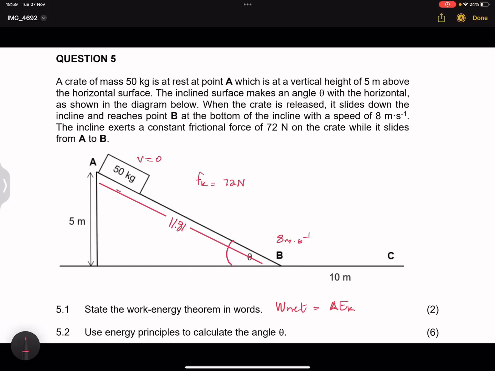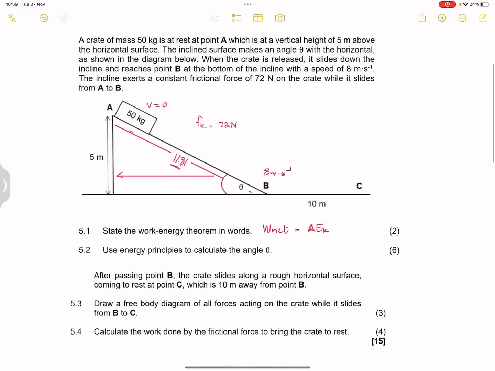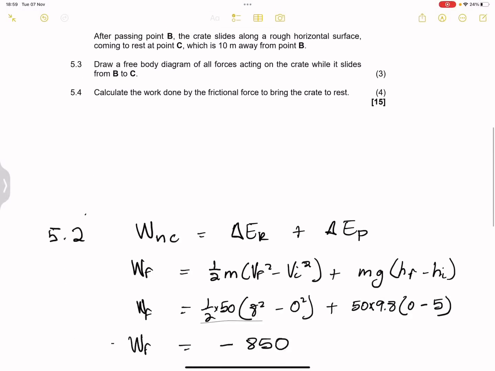So how am I going to find that angle? Now remember, what do I have? I've got a value for the opposite side, which is 5 meters, and I've got the hypotenuse, which is 11.81. Can I not use my trig ratio there, which is sine, opposite over hypotenuse?